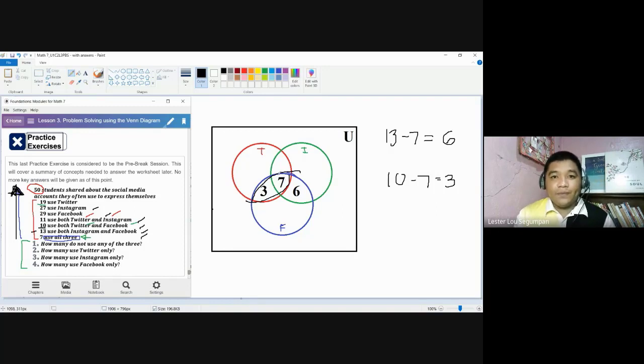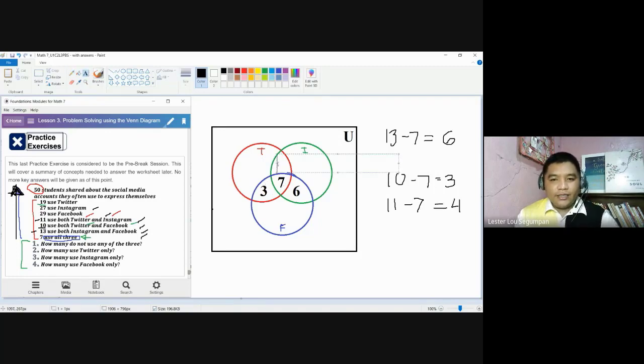7 plus 3, 10. And finally, for 11 who use both Twitter and Instagram, this area here, 7 are already placed in this portion. So what we need is just the number of students, 11 in the given, minus 7, which are already placed here. You need just 4.